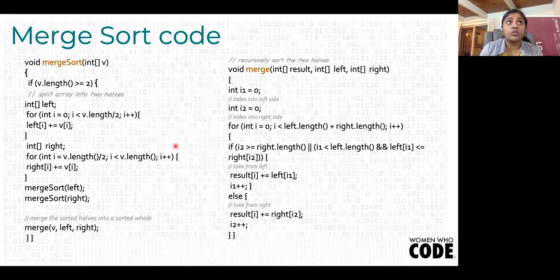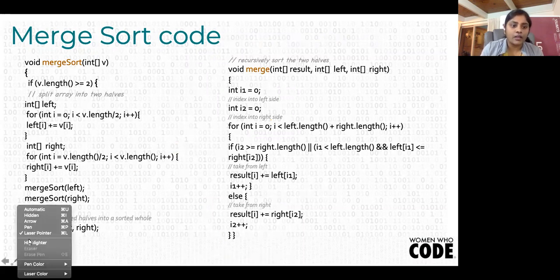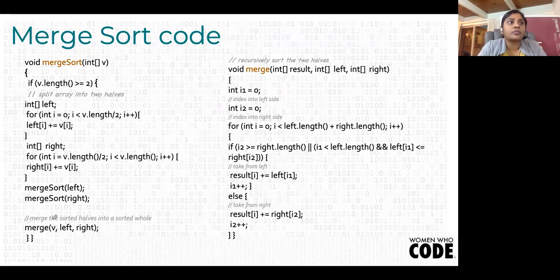So here is the code for merge sort. Here we have a method that takes an array, and if the length of the array is greater than or equal to 2, only then can we divide it into left and right halves.